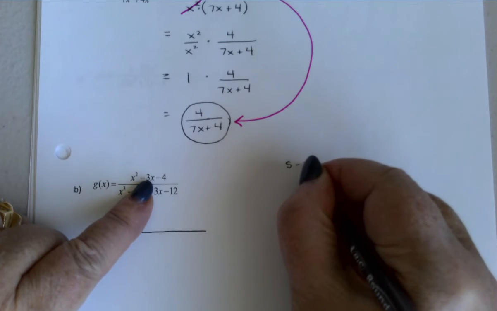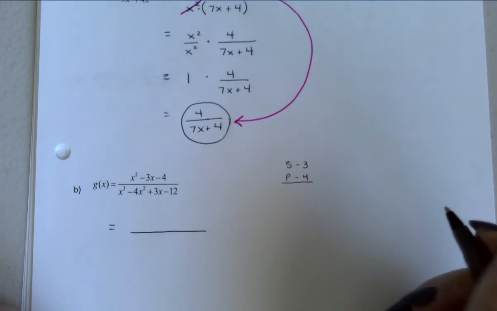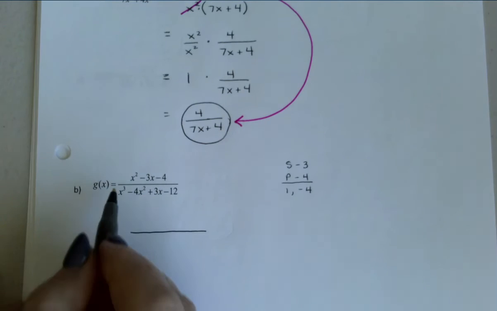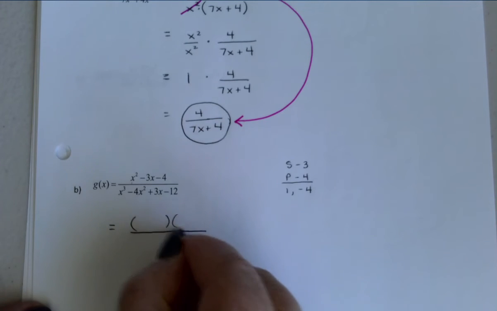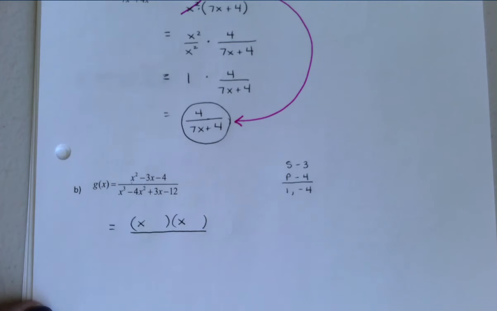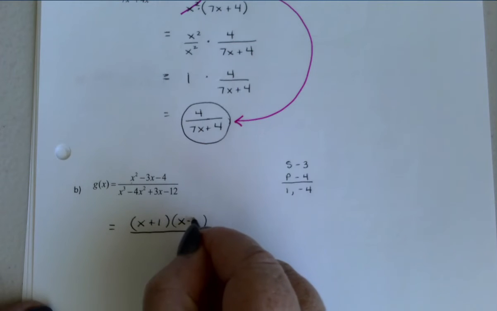Sum of -3, product of -4 would be 1 and -4. And because I do have a leading coefficient of 1, I can take advantage of my shortcut here. X squared has to be x times x. And then I'd have the +1 and the -4.